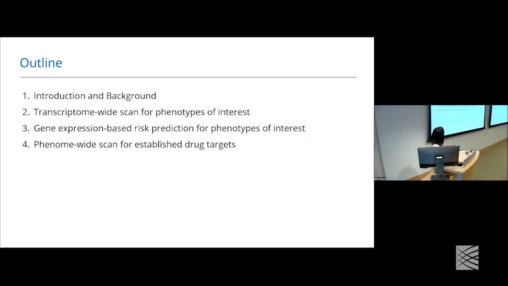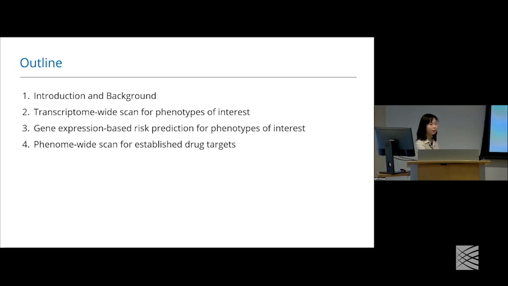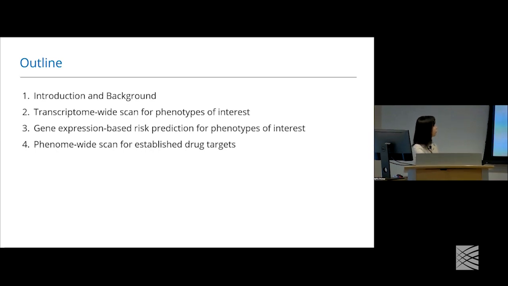So today's talk will consist of 4 parts. First, I will give you some introduction and background information so that we can be on the same page about why we did this project and what the framework looks like. And then I will share some results of transcriptome-wide association studies and co-localization analysis for phenotypes of interest to find potential drug targets.